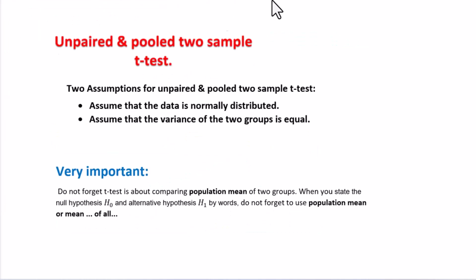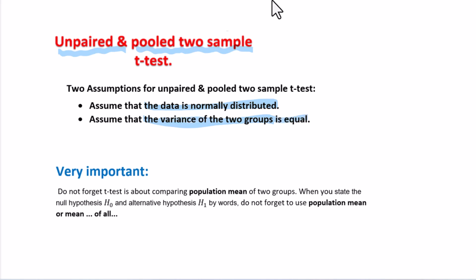In unpaired pooled two-sample t-test, there are two assumptions. We assume that the data is normally distributed. Also assume that the variance of the two groups is equal.